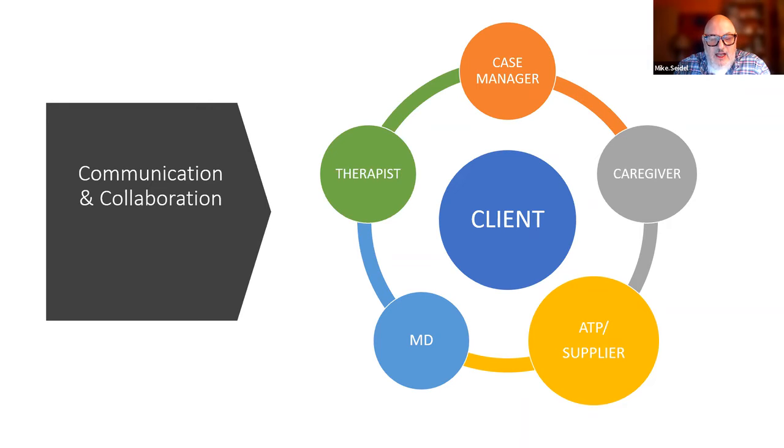Another standard of practice that I think is important to hit up on here is individuals shall inform the consumer about all device options and funding mechanisms, regardless of finances. And I think this is an area that we as ATPs on the supplier field have not done a really good job of.